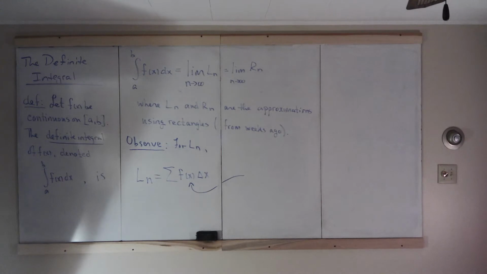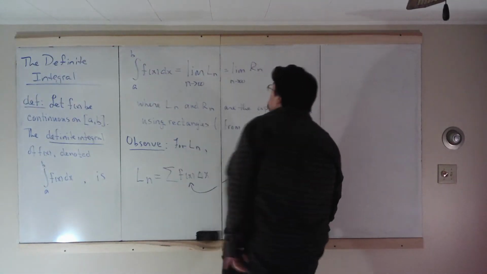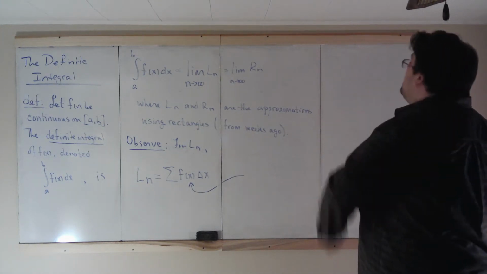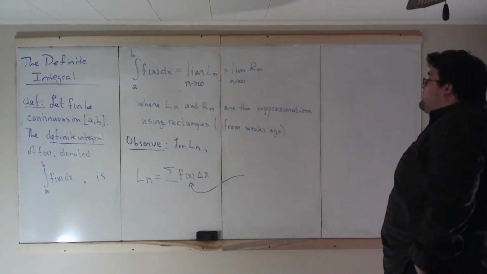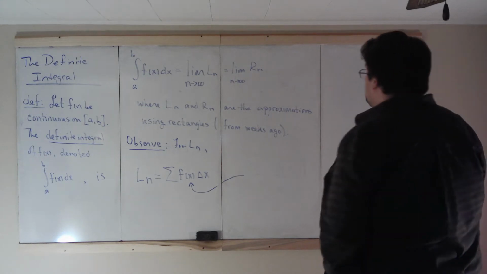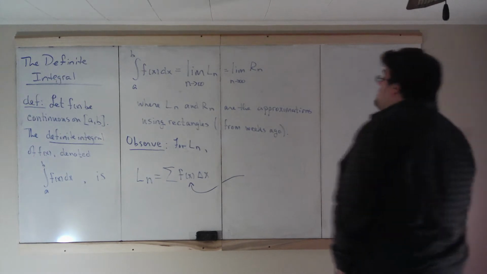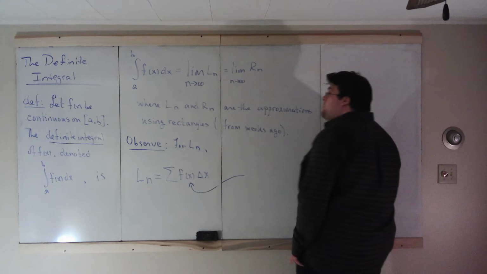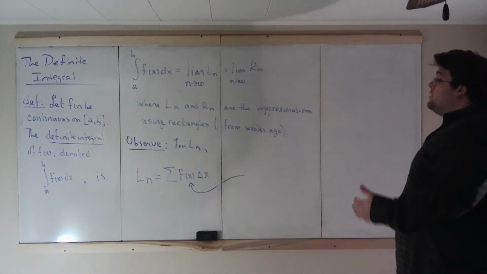The integral from a to b of f of x with respect to x is the limit as n goes to infinity of Ln, which is the same as the limit as n goes to infinity of Rn, where Ln and Rn are the approximations of the area between f of x and the x-axis using rectangles. These are the approximations we saw weeks ago, and remember, the limit turns those approximations into exact areas.